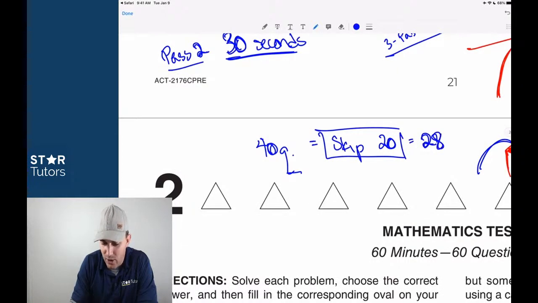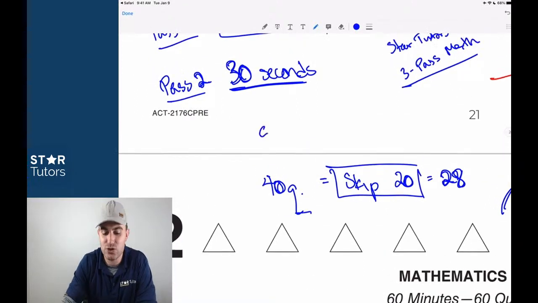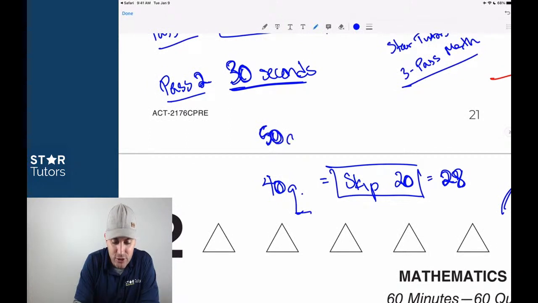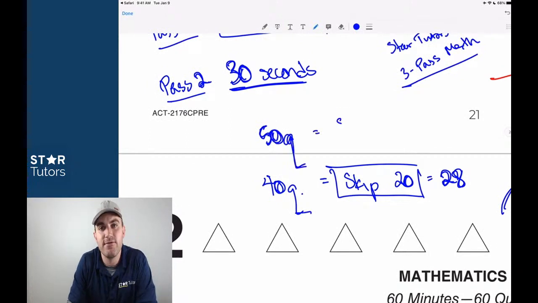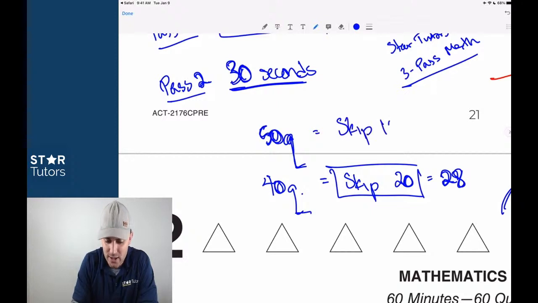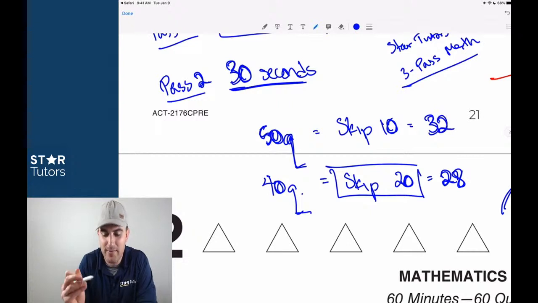By answering 66% of the questions, only two-thirds of the questions, you are statistically guaranteed to get a 28. If you want to get a 32, on this particular test it would have been a 33, but if you answer 50 questions right on any recent test, which means that you can skip 10 questions, you're statistically guaranteed to get a 32 on the math section on any recent test, right?